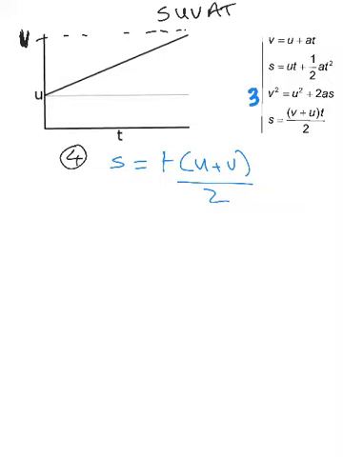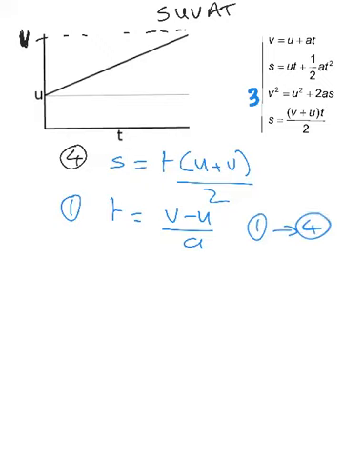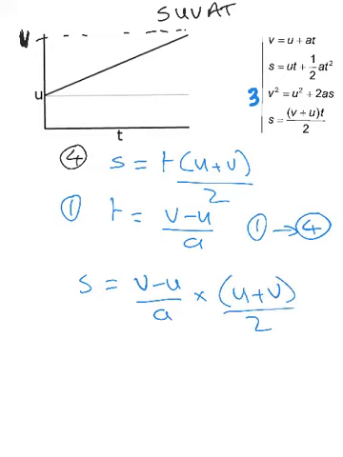So from 1 we've got T equals V minus U over A. So all we have to do now is sub 1 into 4, which gives us S equals (V minus U) over A, times (U plus V) over 2.